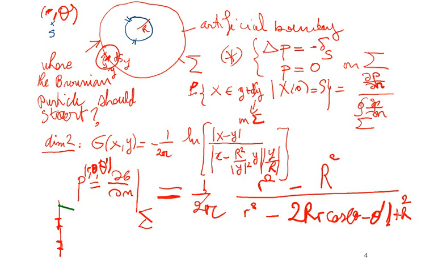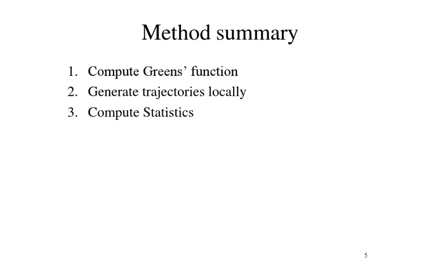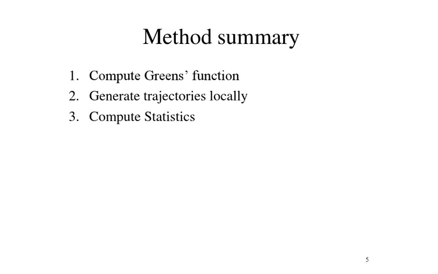So next, I would like to summarize what we have seen here. Basically, the summary of the method is we need to first compute the Green's function for the domain of interest. Sometimes it is possible, sometimes it is much harder.